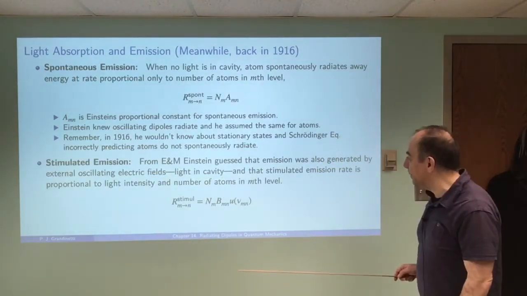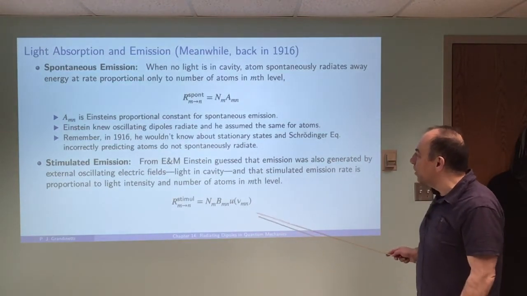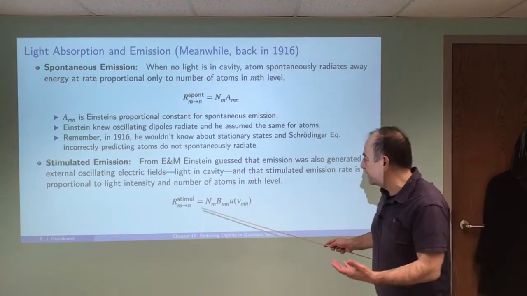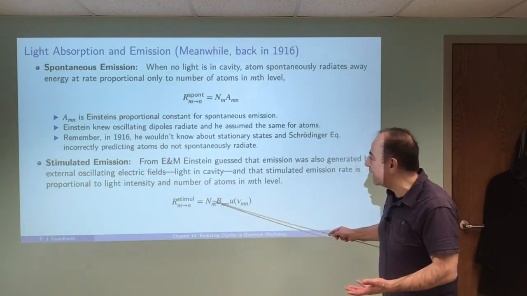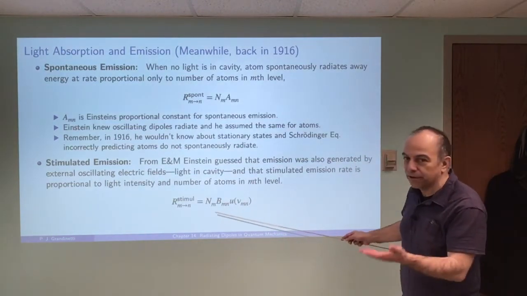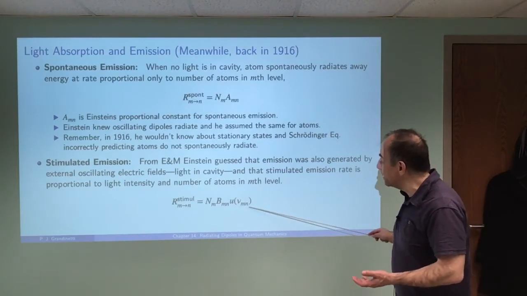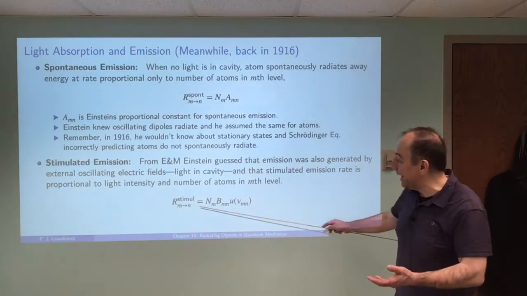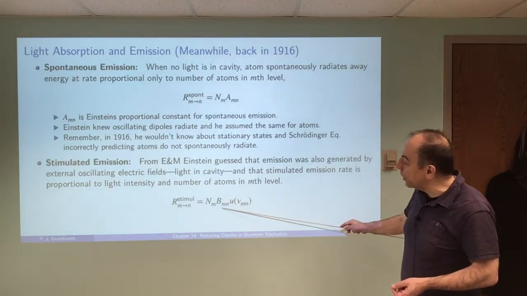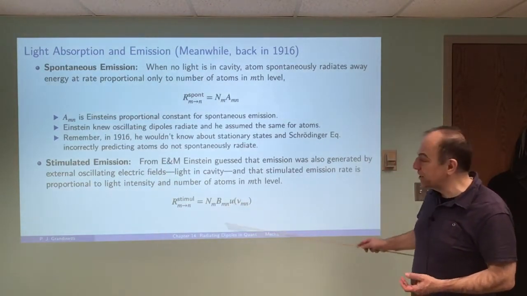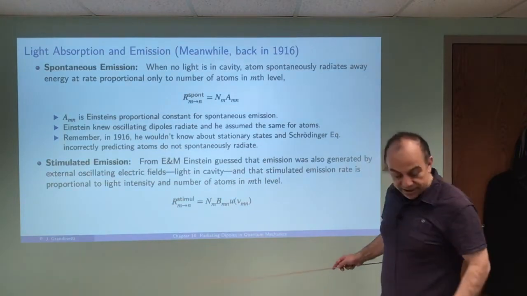For the stimulated emission, he guessed that the rate was going to be similarly proportional to the number of atoms that are in the ground state or the lower state, the energy density that matches the frequency between N and M, and then again a proportionality constant, which we're going to call Bmn, which is the proportionality constant for the stimulated emission.